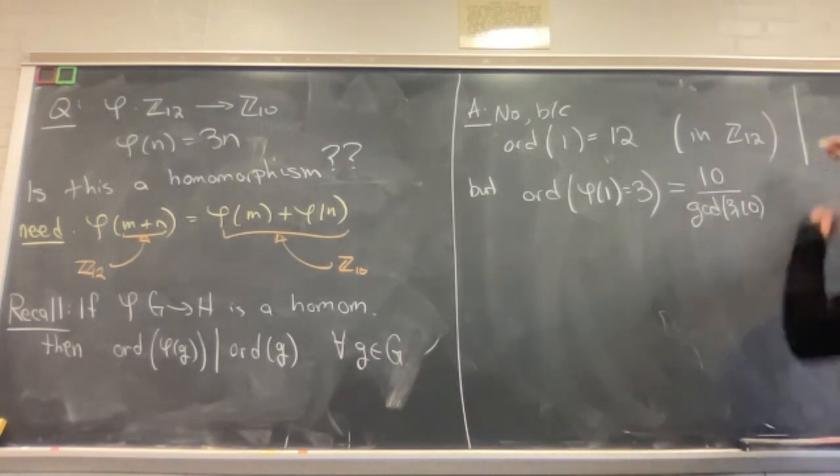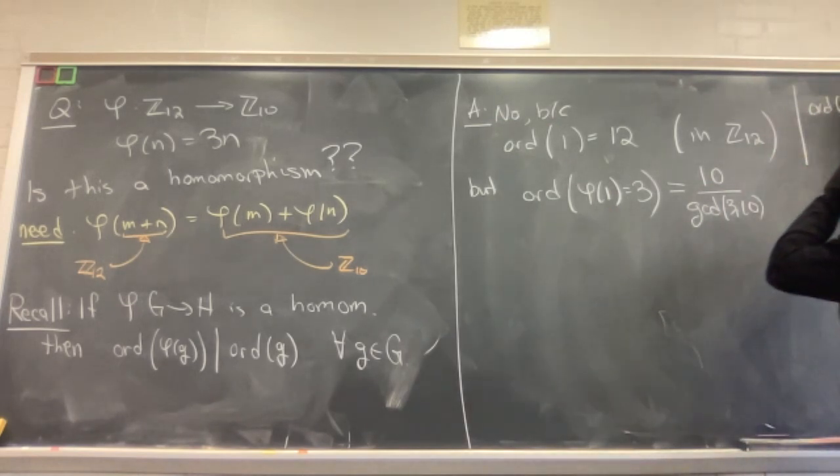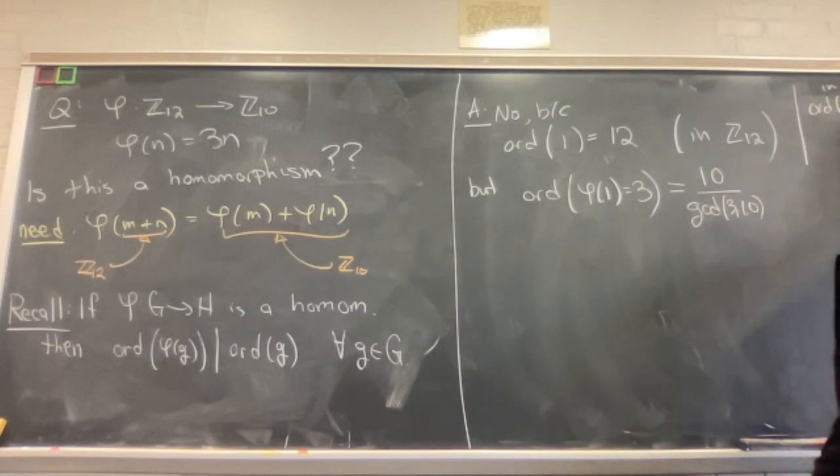So in general, the order of d in Zn is equal to n divided by the GCD of d and n. But 3 and 10 are relatively prime, so the GCD is 1. So this is equal to 10.